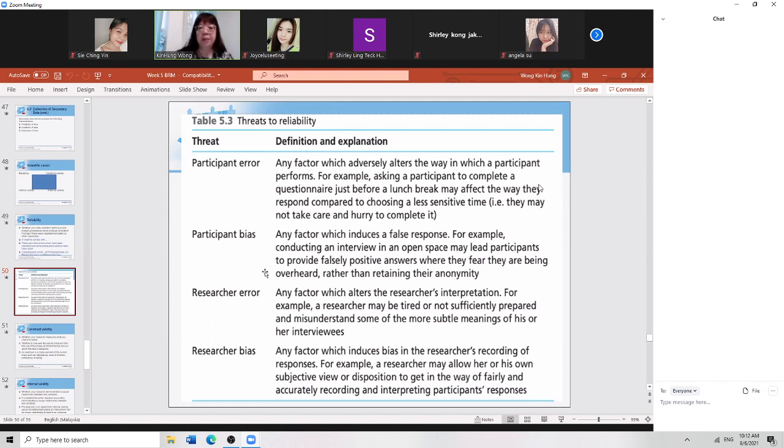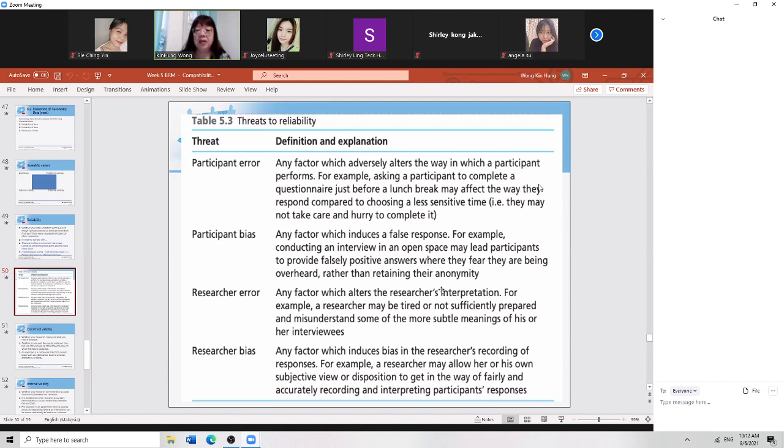And participant bias. Now I have 15, someone left again. Participant bias is any factor which induces a false response. For example, you conduct an interview in an open space, and that may lead participants to provide falsely positive answers, where they fear they are being overheard rather than retaining their anonymity.